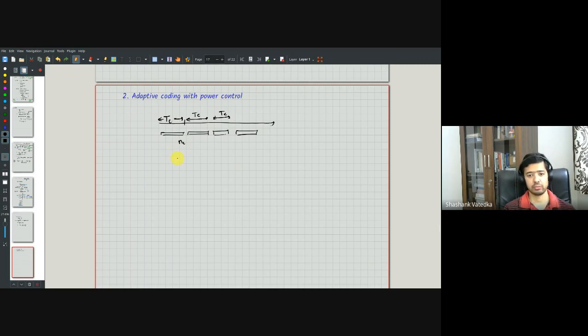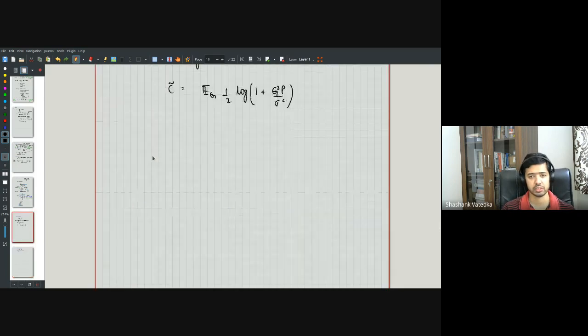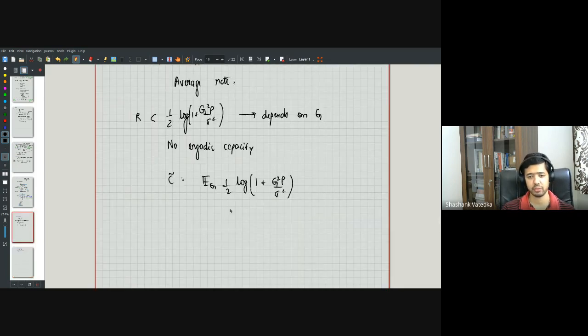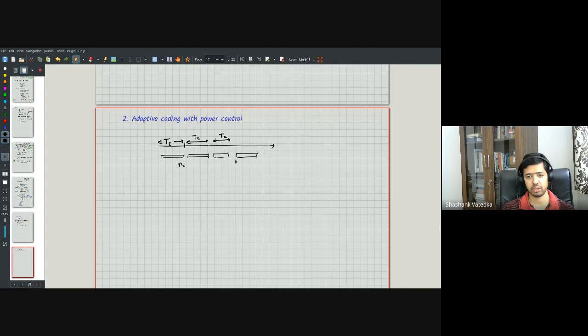All right, so since you have multiple such blocks, and if you have only an average power constraint, then sometimes you can do better than just this. Right? What you can do is, if there are multiple coherence blocks, then in some coherence intervals you can transmit a little more power. In some coherence intervals you can transmit a little less power.